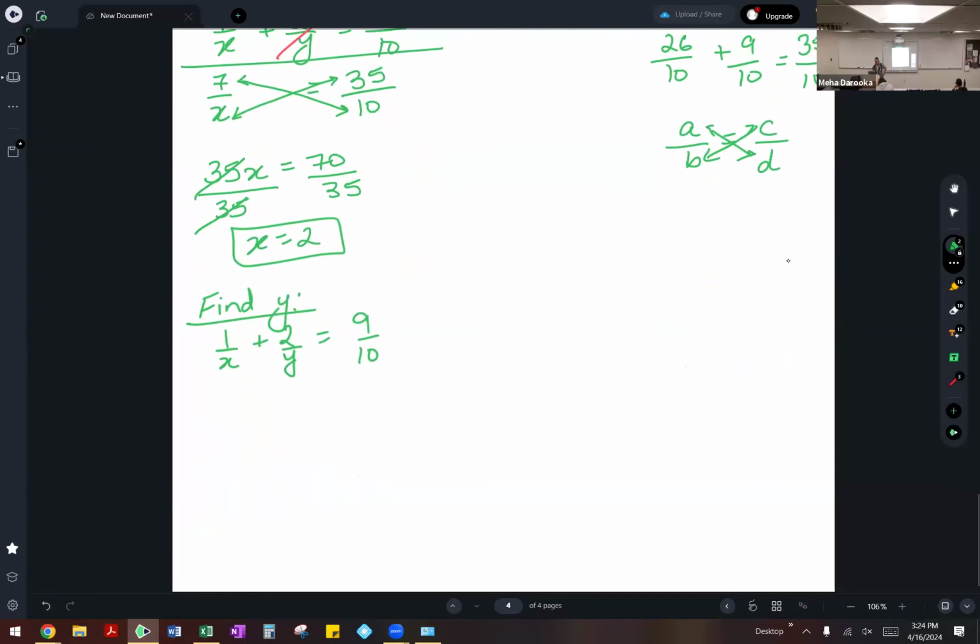So if x equals 2, that fraction will actually end up becoming 1/2. So we'll start by subtracting the 1/2, moving it to the other side. And we will end up with 2/y on one side, and then let's clean up the right-hand side.